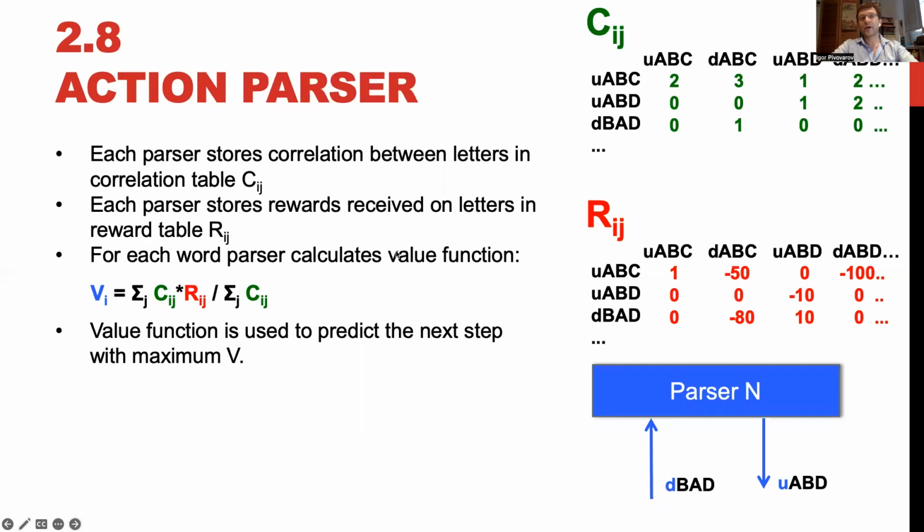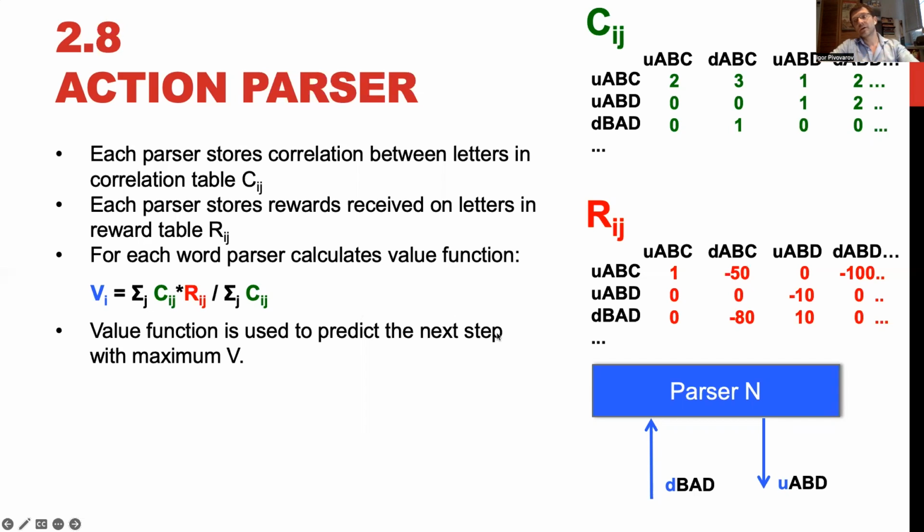So action parsers are also parsing these letters, gathering words from them, and have a correlation table, which stores the information of correlation between letters, and the letters that most often go one after another are combined into words.